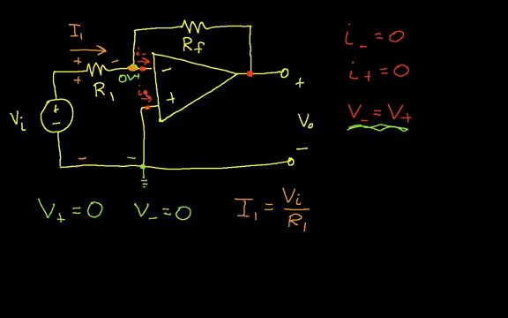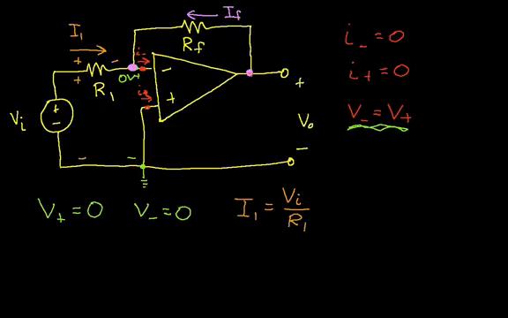Let's see if we can figure out IF. This is the current through RF. So again, the voltage at this point is 0, because V minus is equal to V plus, which is 0.